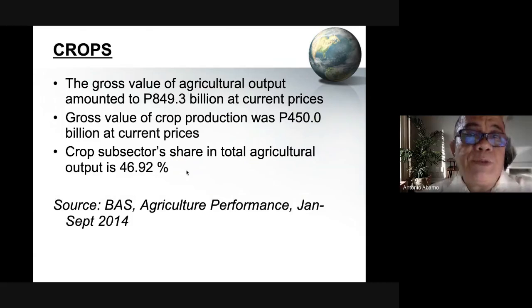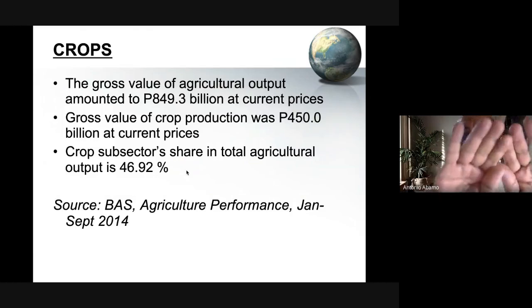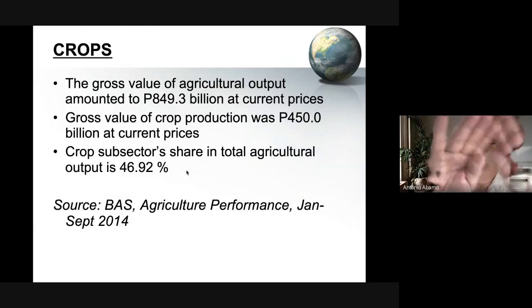Now, in terms of crops, the gross value added of agricultural output amounted to 849 billion. Gross value added, what do we mean by that? Gross value added means the gross income, or in agribusiness, gross sales, or the gross revenue.